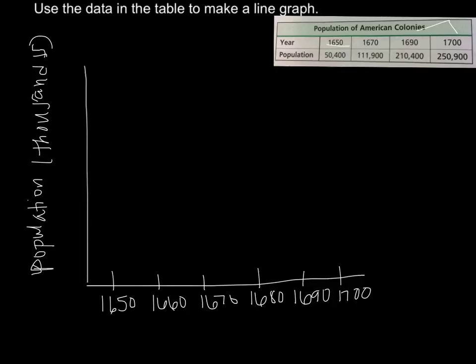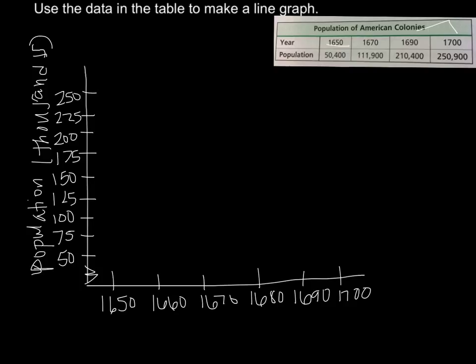Okay. So if I started off and I made a break and I said I'm going to start with 50,000 and go up by 25, 75, 100,000, 125,000, 150,000, 175,000, 200,000, 225,000, 250,000, 275,000.